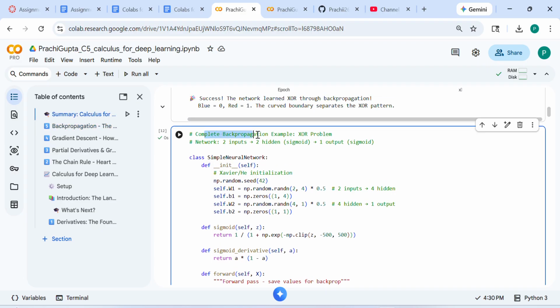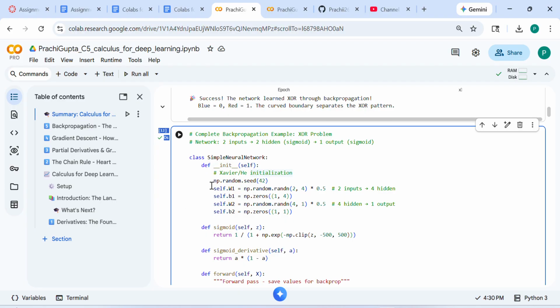This is a complete backpropagation example of the XOR problem, where we give two inputs, two hidden sigmoids and one output sigmoid. This is the main deep learning piece: training a neural network to solve XOR. XOR can't be solved with a single linear layer. We need a hidden layer.